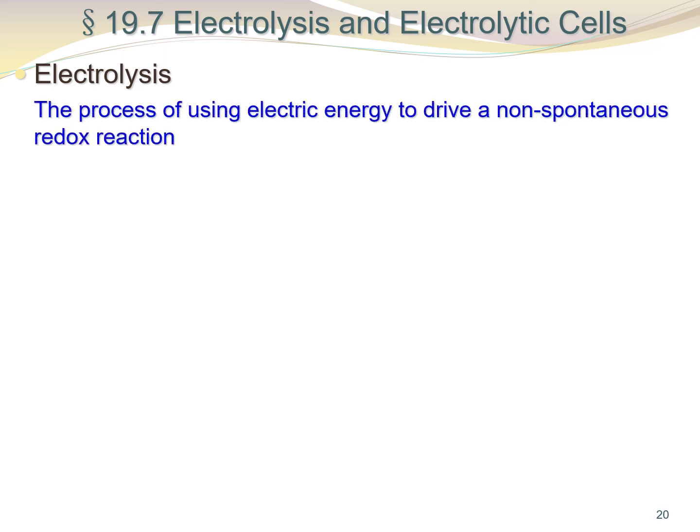Electrolysis is a process where we use electric energy to drive a non-spontaneous reaction to take place. Actually, it is the reverse of what is going on in the battery or in a galvanic cell.